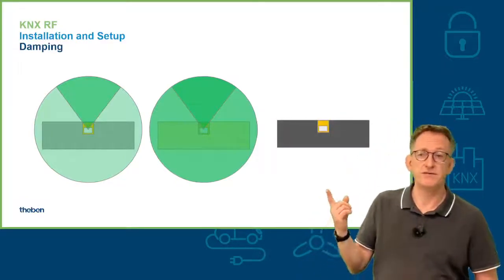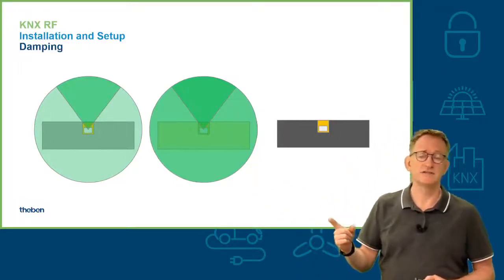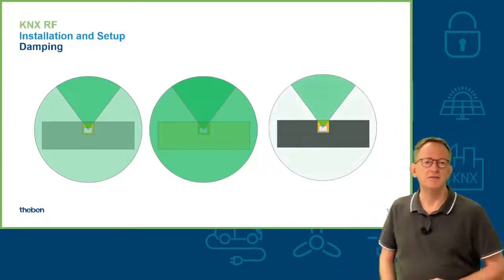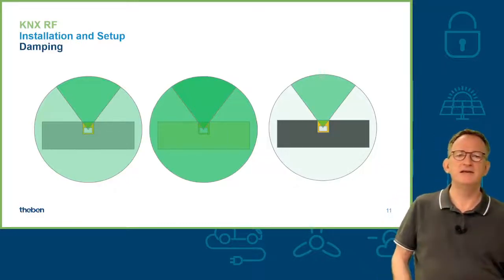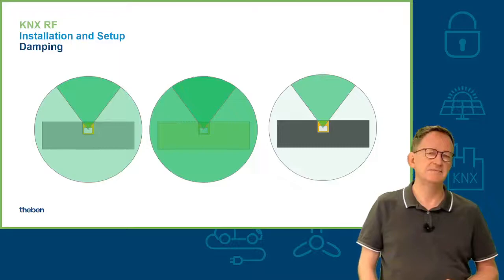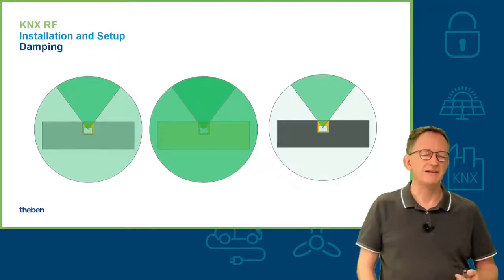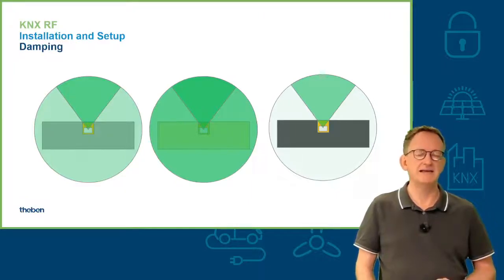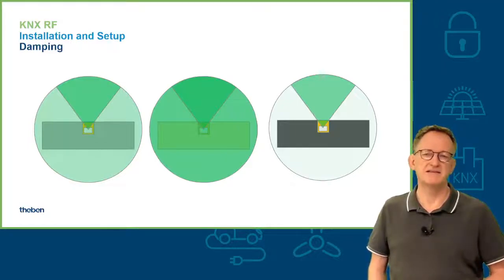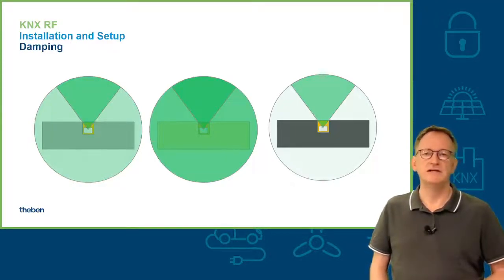Or, sorry, the other one was stone. Now we have concrete, and concrete is very, very bad. Here you have almost no signal around it, or very low signal. You really have to configure a repeater in the next room next to it.